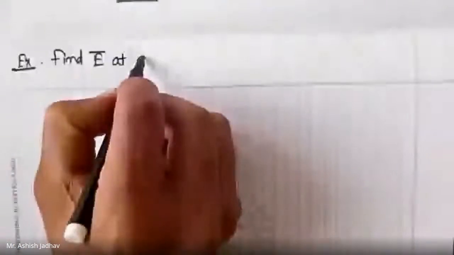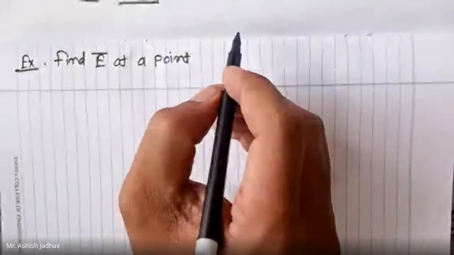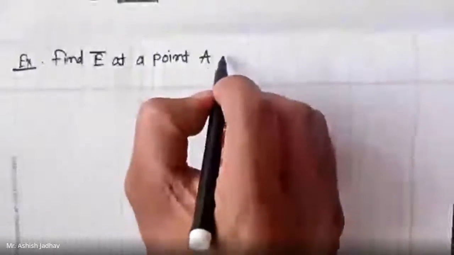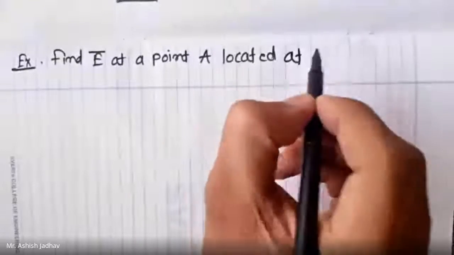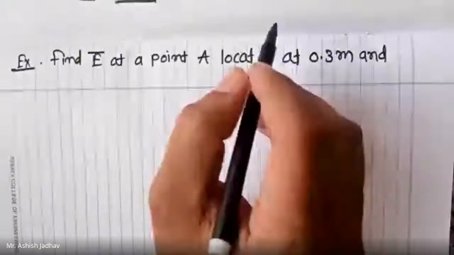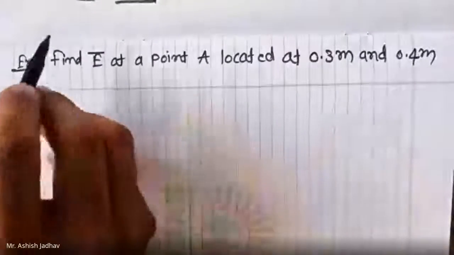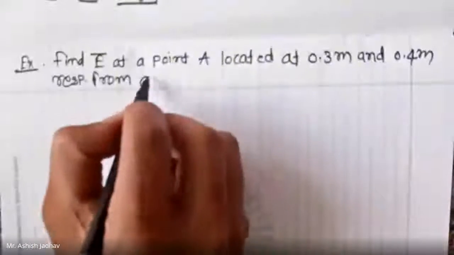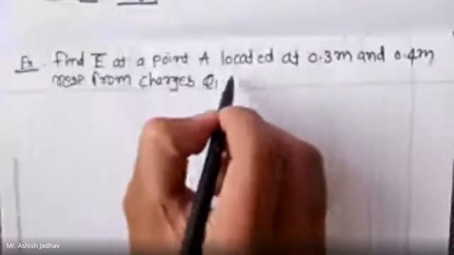So the example is: find E bar at a point A located at 0.3 meter and 0.4 meter respectively from charges Q1 and Q2.